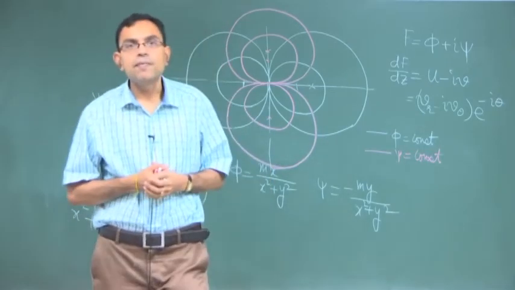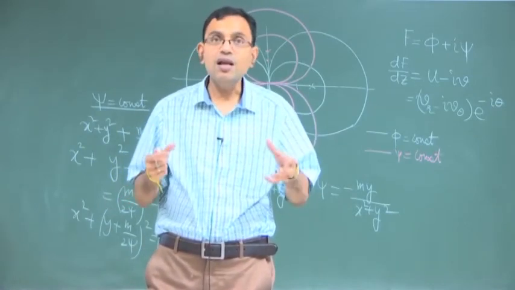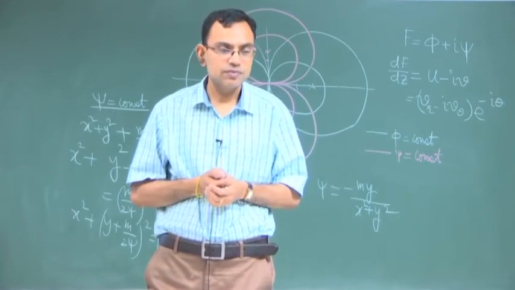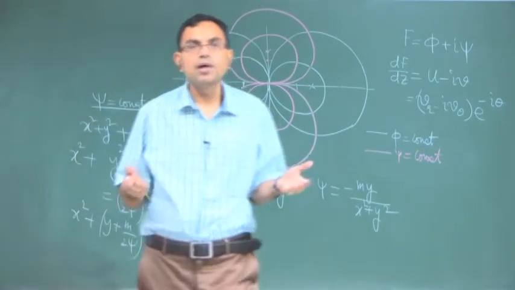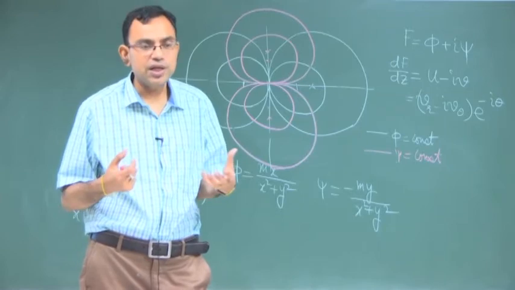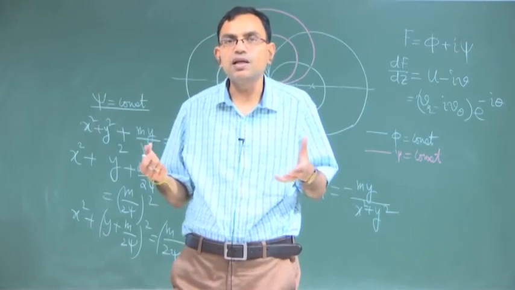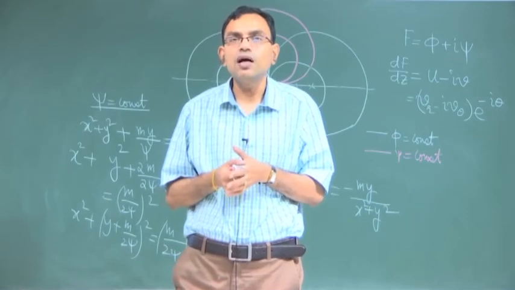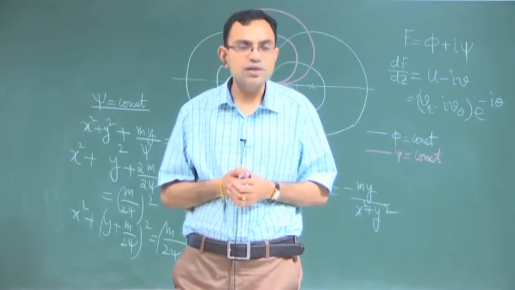Let us now imagine that instead of this kind of flow, you want to model a practical flow over a body of the shape of a cylinder. A cylinder is of course not the most general shape, but it is an idealized geometrical shape, and streamlines and equipotential lines for flow past a cylinder can give a qualitative understanding of flow of a fluid over bodies of much more complicated shapes.